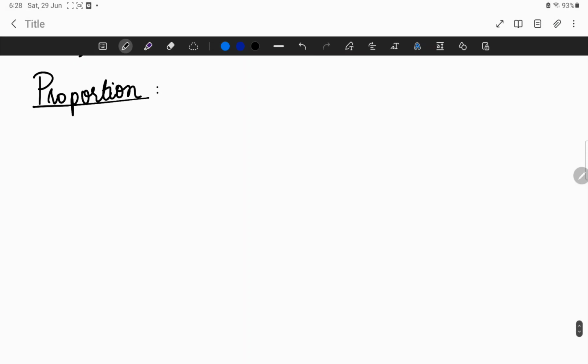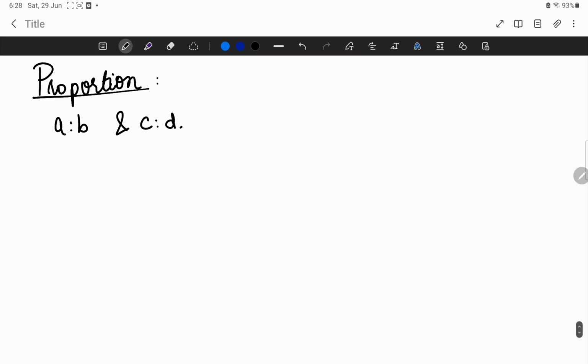Okay, so moving on to proportion, we can see that if we have two ratios, which is a is to b and c is to d, then if these two ratios are equal to each other, then they are said to be in proportion.